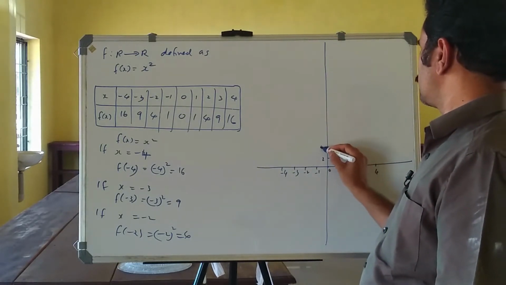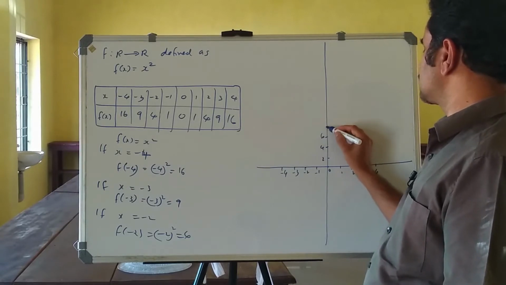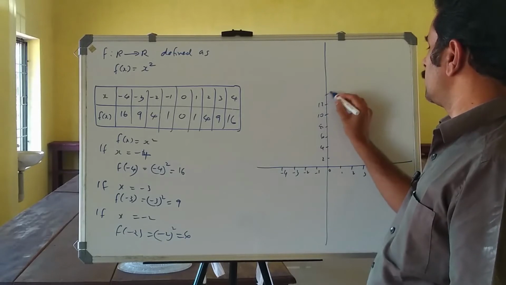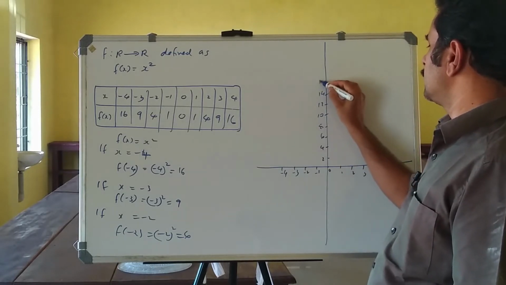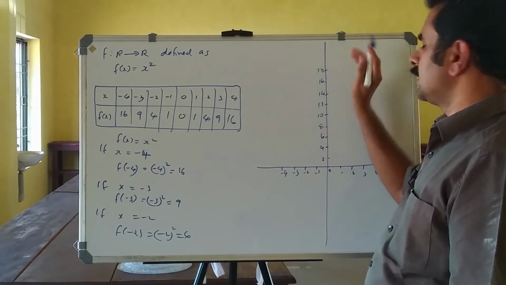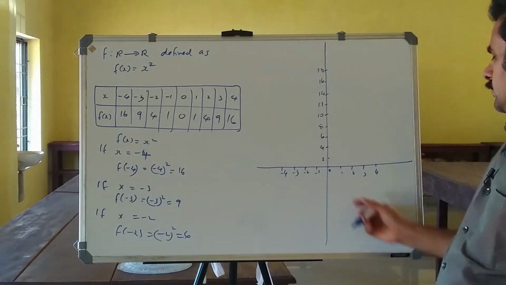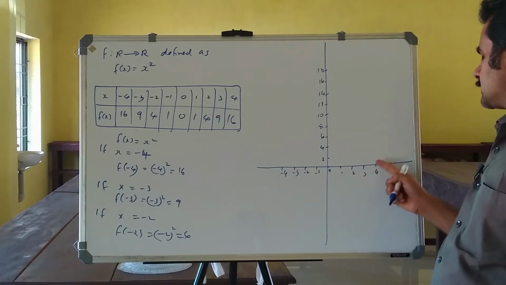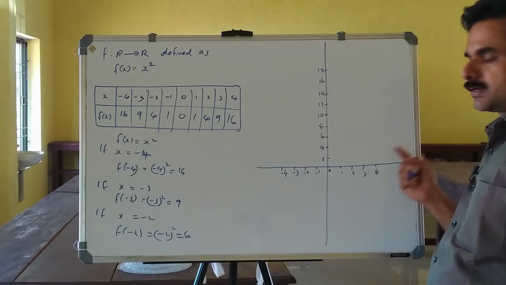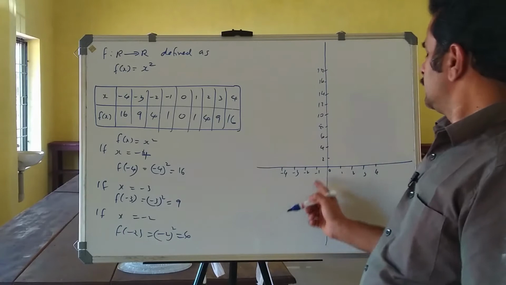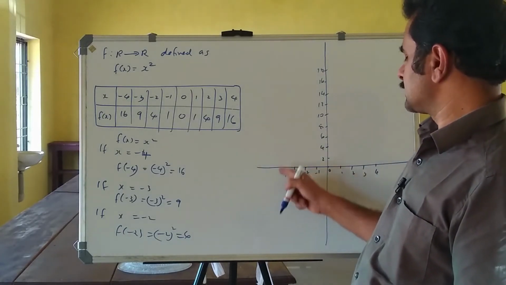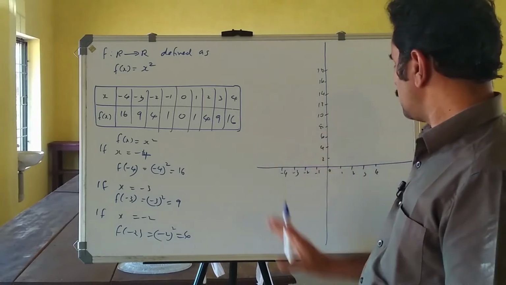So let us take 2, 4, 6, 8, 10, 12, 14, 16, and so on. You can take 0, 2, 4, 6, 8, and so on. Okay. Here minus 2, minus 4, minus 6, minus 10. That's also okay.